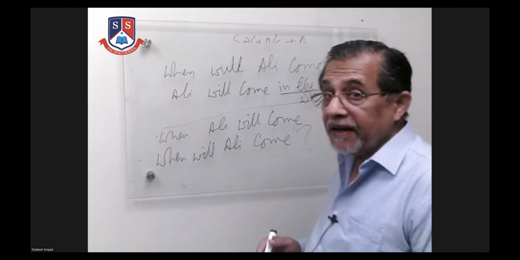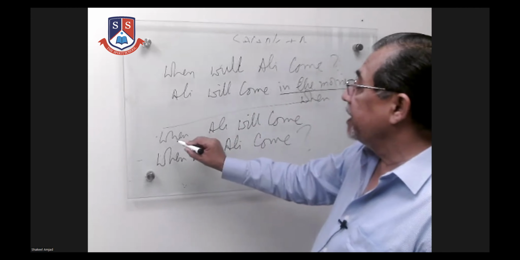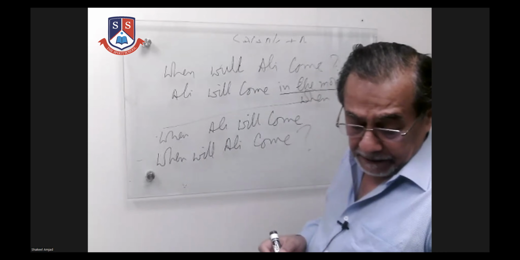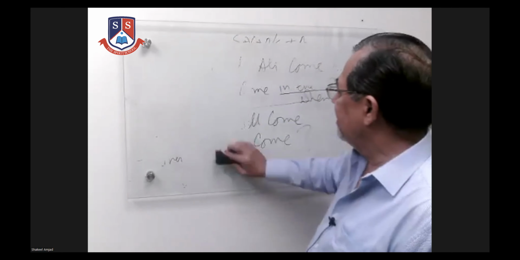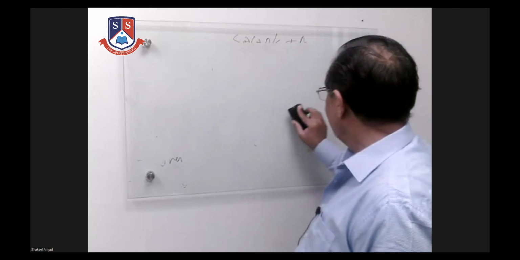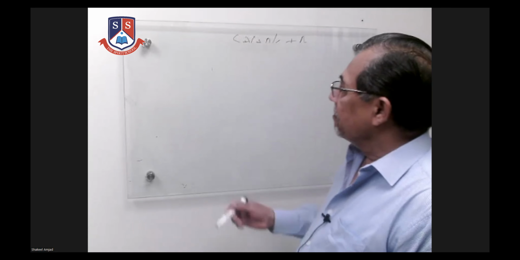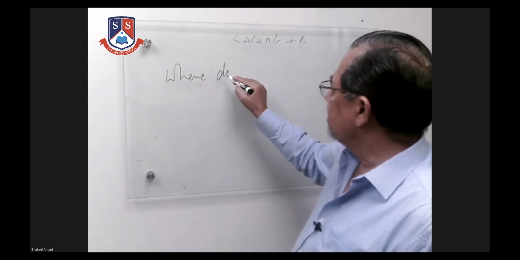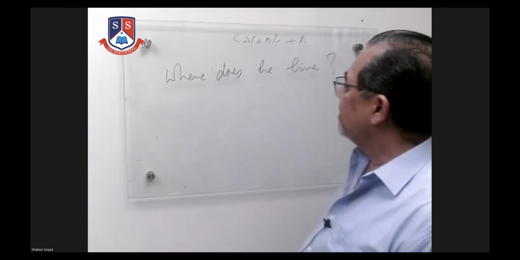So whenever you have an adverbial clause, it must have this one with it. I have put this just to make you understand what it is, right? Let's have another example: where does he live? Right?